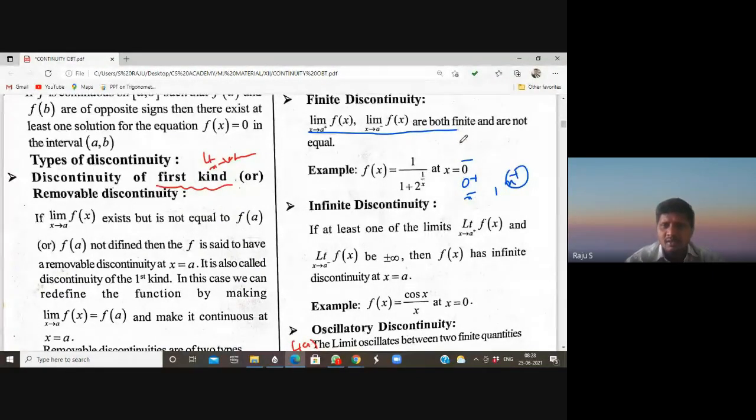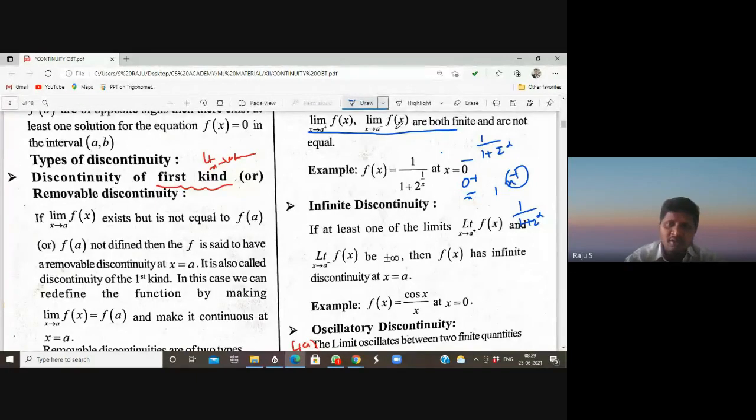So you are going to get different answers. 1 by 1 plus 2 power minus infinity is the left hand limit value, and the right hand limit value is 1 by 1 plus 2 power infinity. Here we get two different answers. Left hand limit is not equal to right hand limit, so it is not continuous. It is called finite discontinuity.